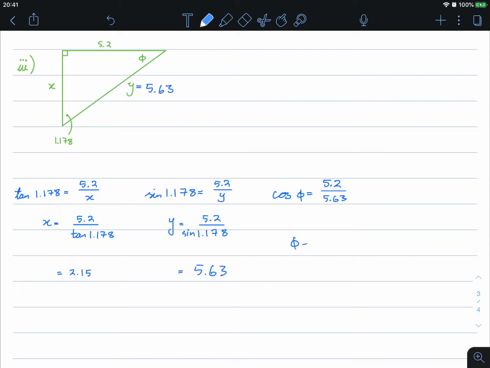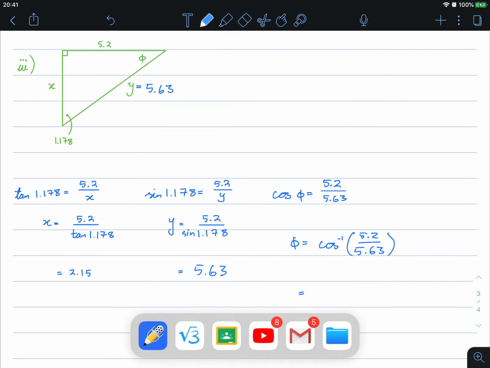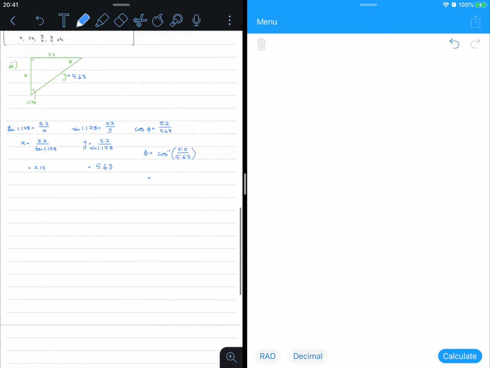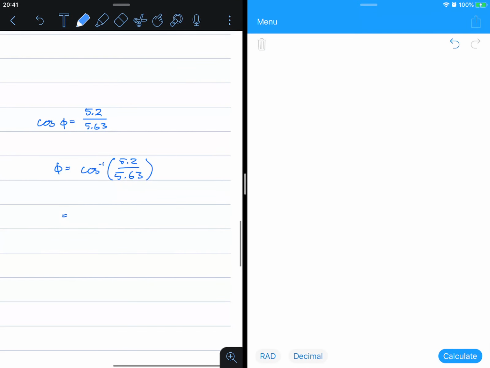And solving for phi, we get inverse cosine of 5.2 over 5.63. And if we type this in, we will get our answer in radians.